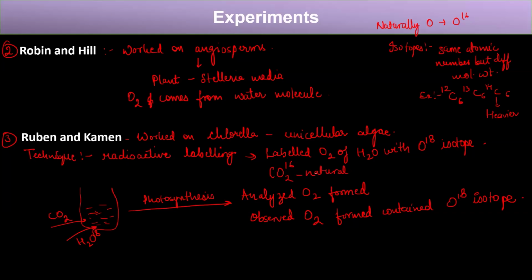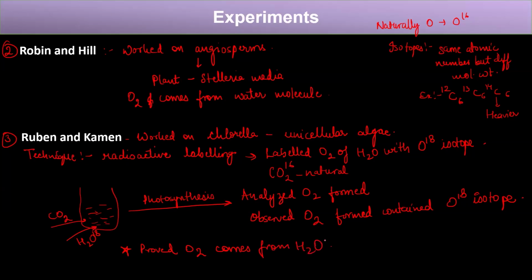Then they did the photosynthesis and analyzed the oxygen formed during that process. And they observed that the oxygen that was formed contained O18 isotopes. And from this, it was proved that oxygen comes from water.